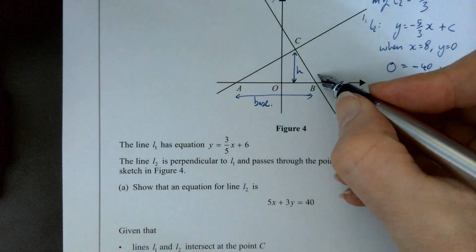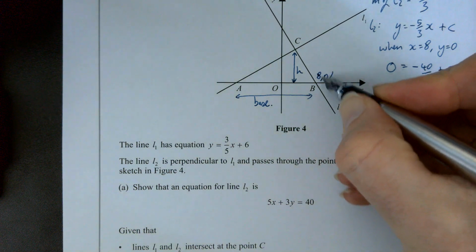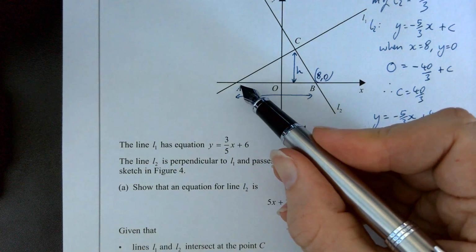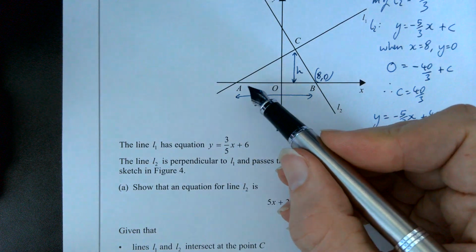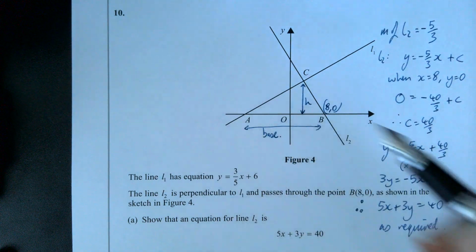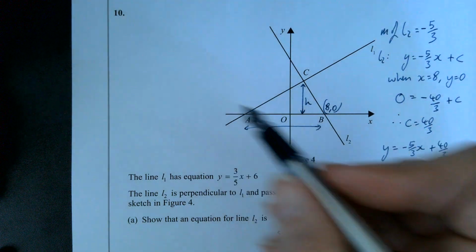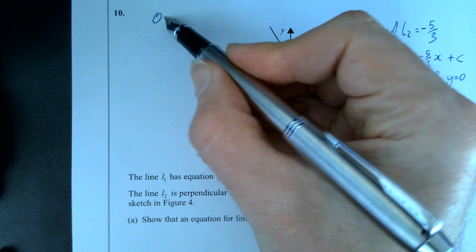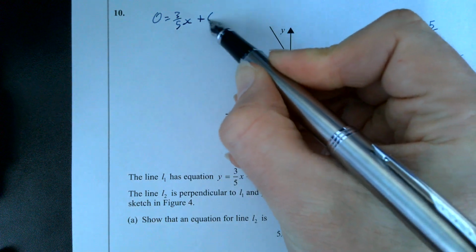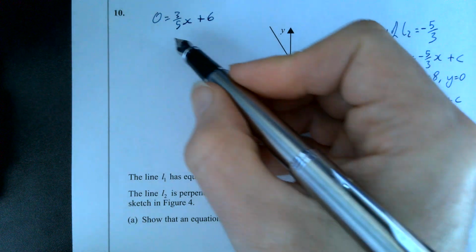So we know that that point there is (8, 0). We need to find where line 1 crosses the x-axis, so that is when y is equal to 0. So let's do that first of all. 0 equals 3/5 of x plus 6.